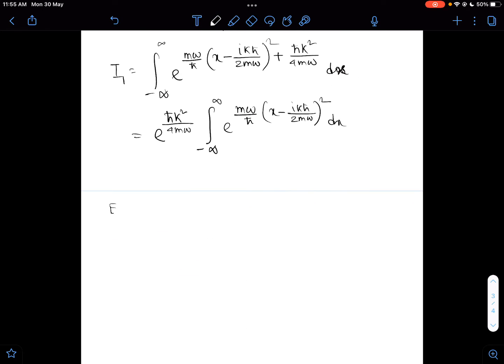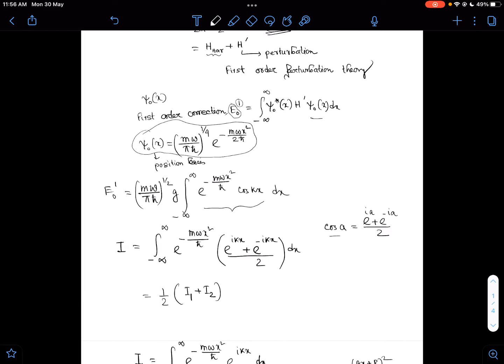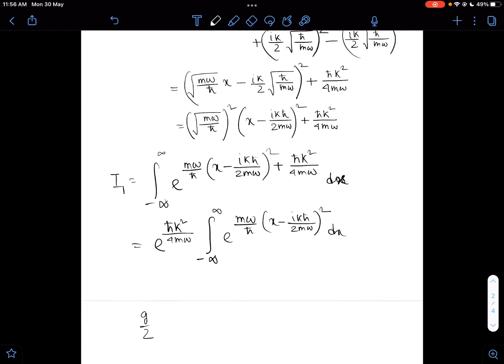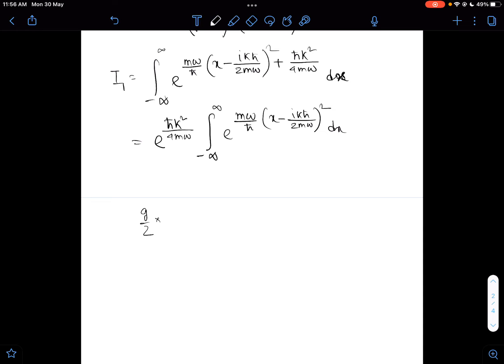The energy correction for the first term is g by 2, and here we have (mω by πħ) to the power half, times e to the power ħk² by 4mω, and we have an integration from minus infinity to infinity of e to the power mω by ħ (x minus iħk by 2mω) squared dx.